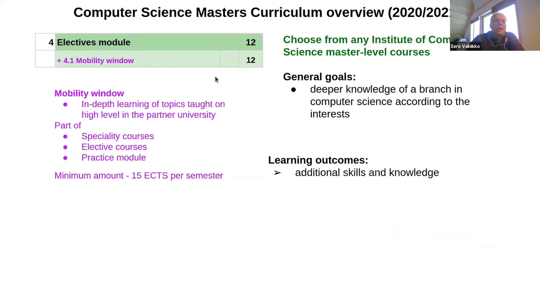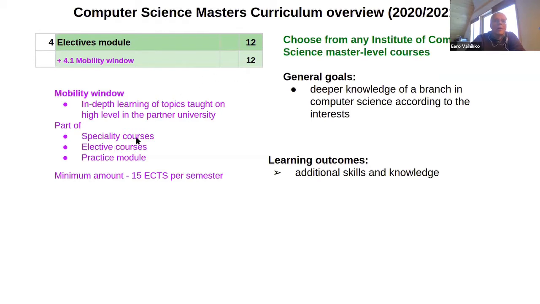And in the elective module, there is also a mobility window. We can say that currently, due to the COVID-19 situation, it is not functional right away, but hopefully things will change soon thanks to vaccination in the world, and this mobility will be possible again.